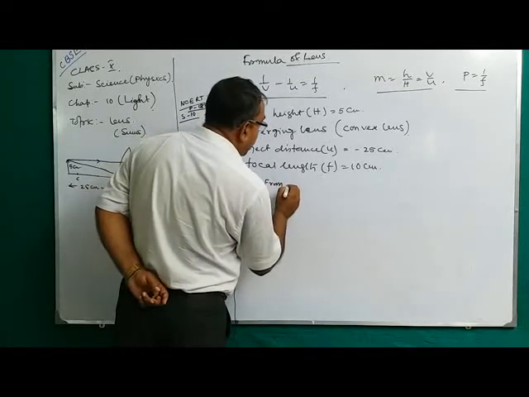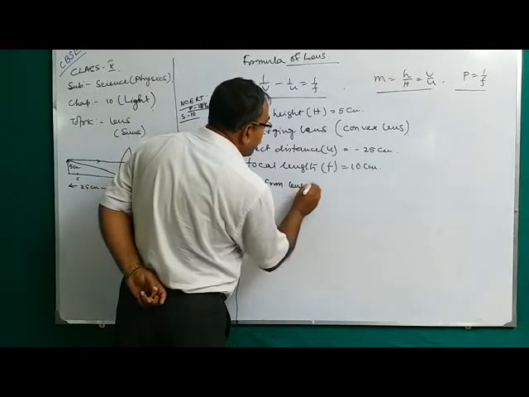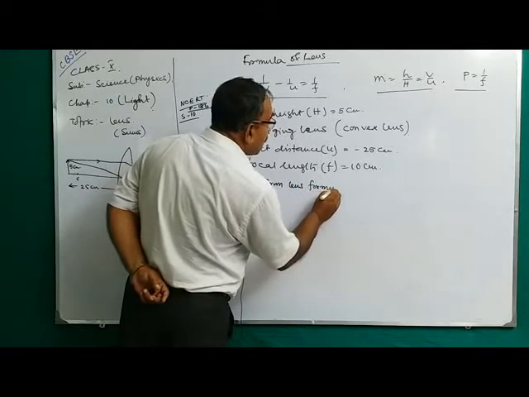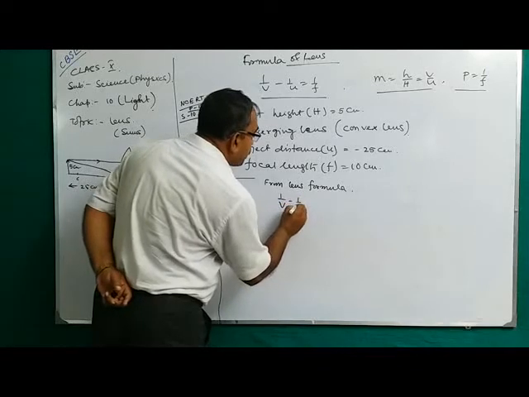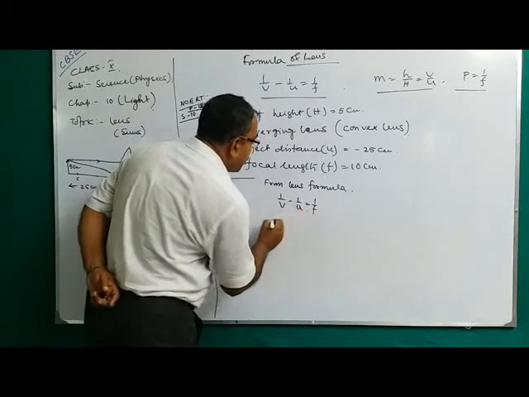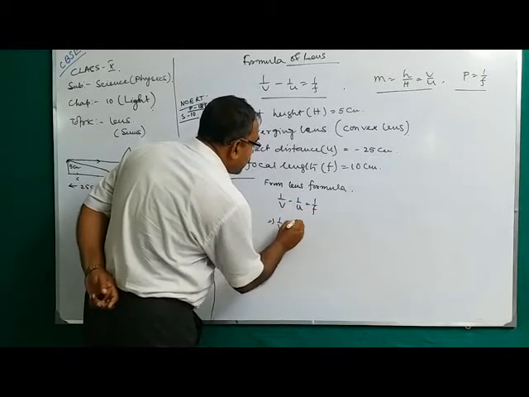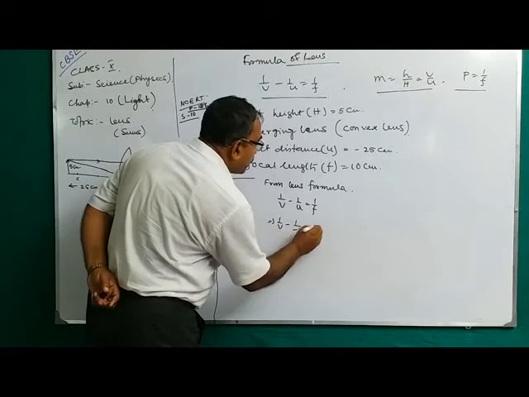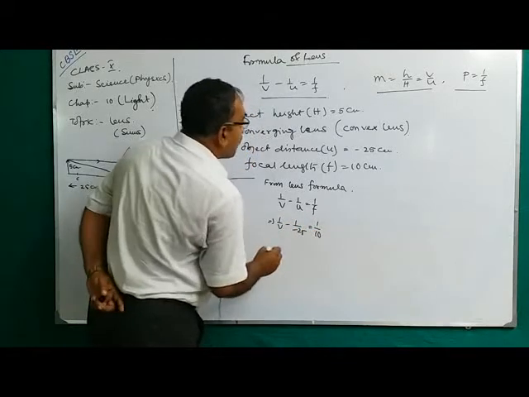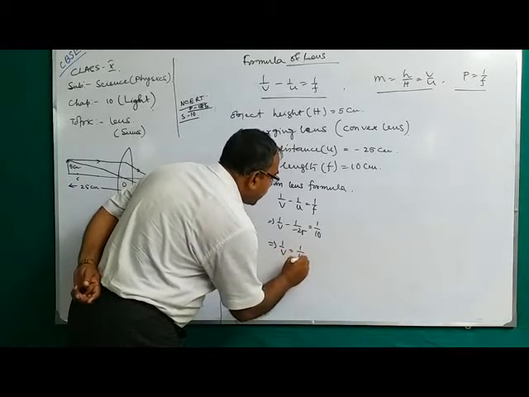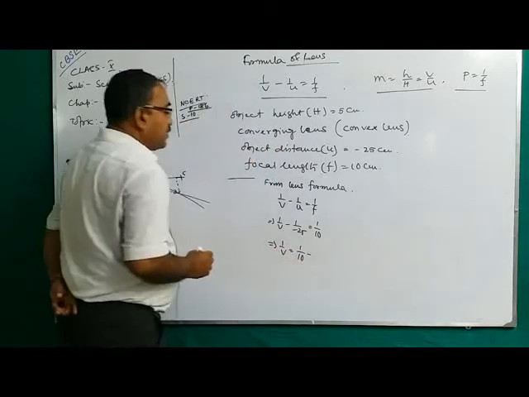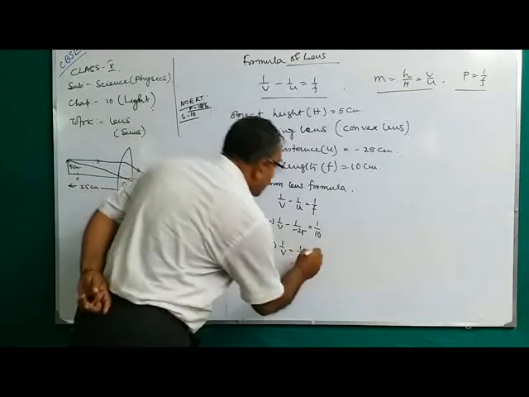From the lens formula, 1 by V minus 1 by U equals 1 by F. So 1 by V equals 1 by 10 minus 1 by 25.